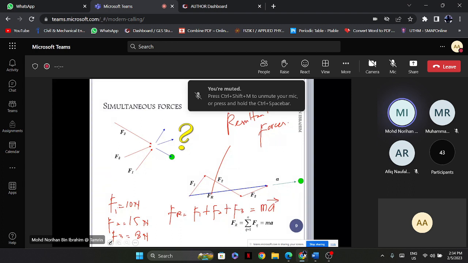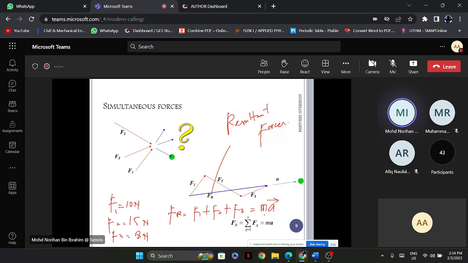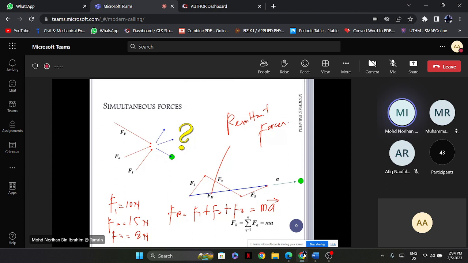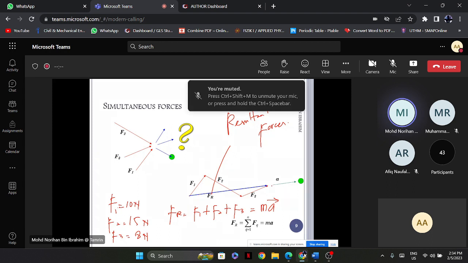F_R is the resultant force. The resultant force is equal to the combination of F1 plus F2 plus F3, which is equal to m, the mass of the particle, and a is the acceleration of the particle. So if this particle is applied with these multiple forces of F1, F2, and also F3, it will have the tendency to accelerate, as you can see here.